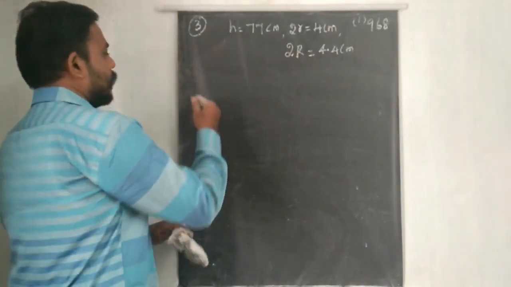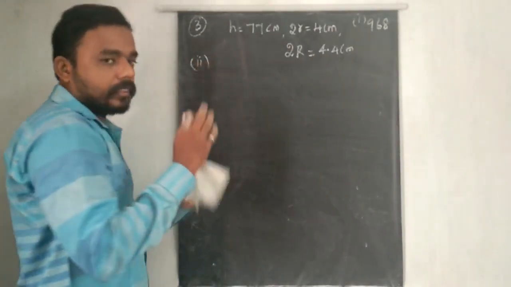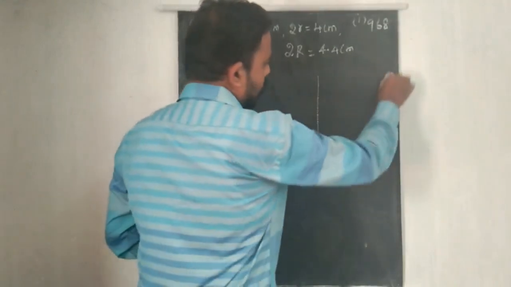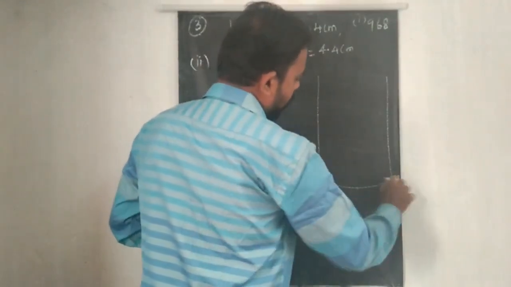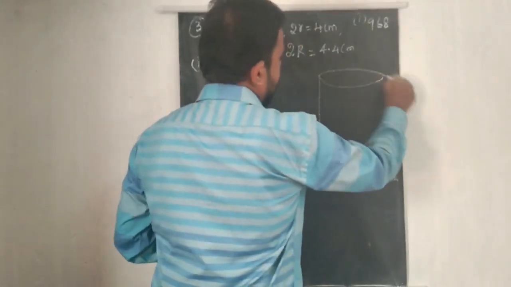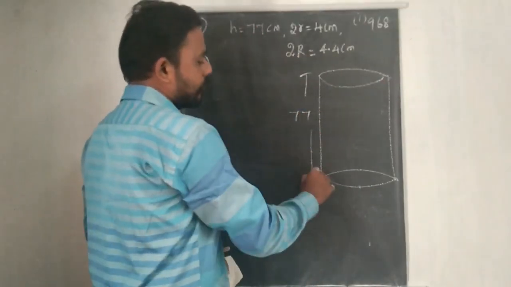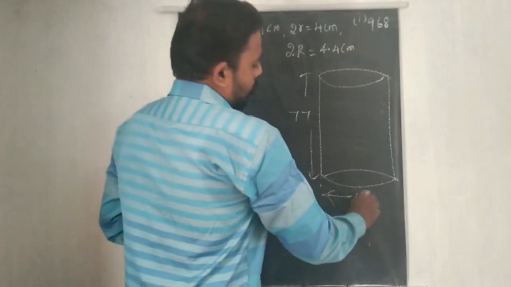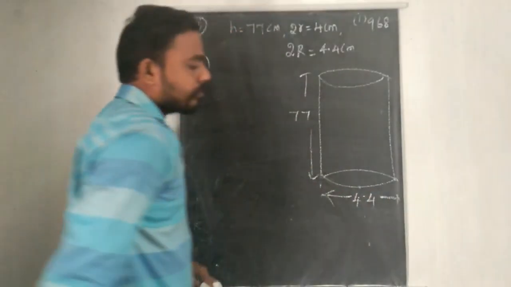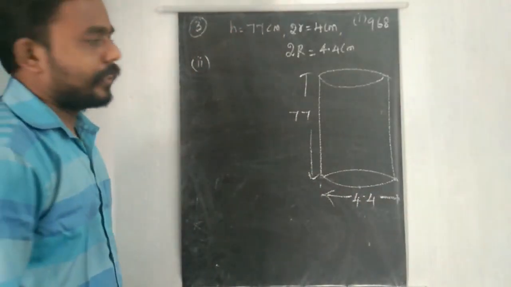Now come to the second one, outer. Suppose they are somewhat bigger, no, but you may think the height is equal. So height is given 77. Here diameter 4.4 centimeter.